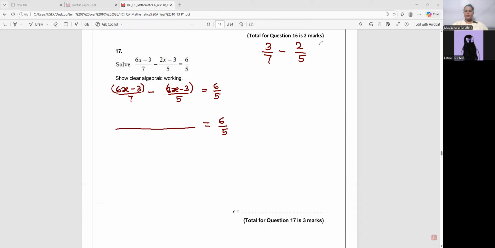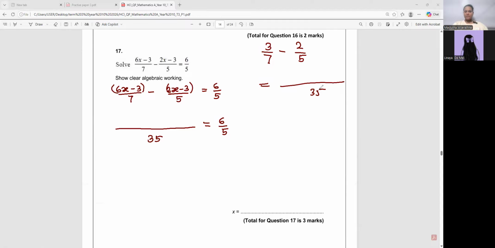What we do is get the common denominator. 7 and 5, what is the common denominator? Seven and 5, teacher, is it 35? Yes, 35. So here also the common denominator is 35.